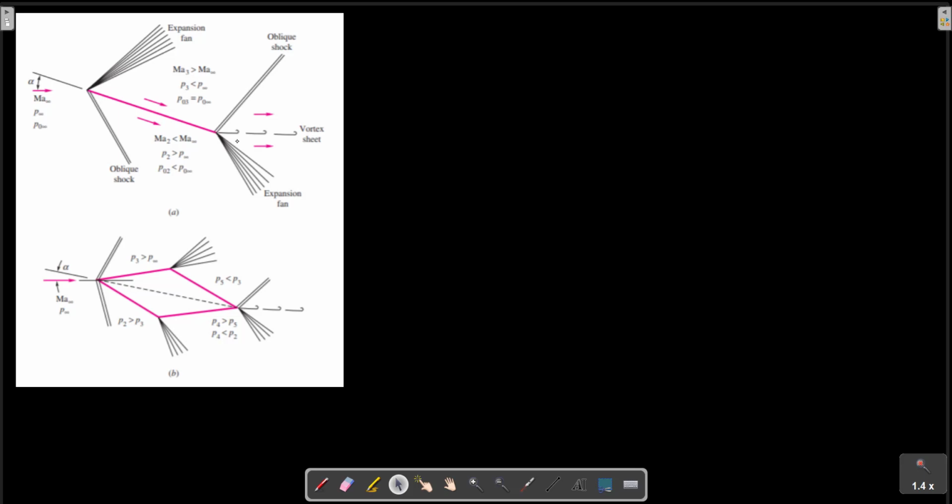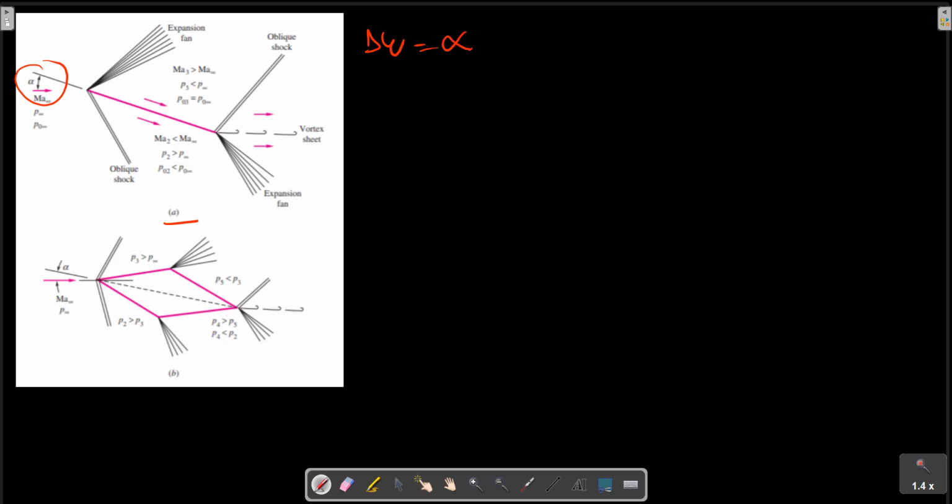Figure A shows a flat plate foil at an angle of attack. There is a leading edge shock on the lower edge with the flow deflection theta equal to alpha as shown, while the upper edge has an expansion fan with increasing Prandtl-Meyer angle equal to the angle of attack.